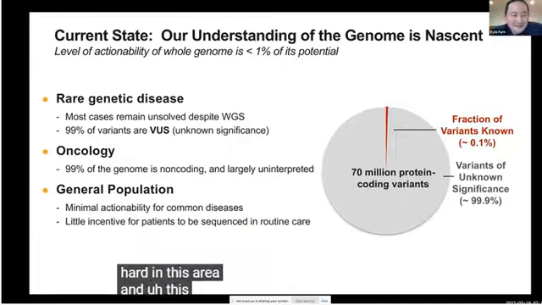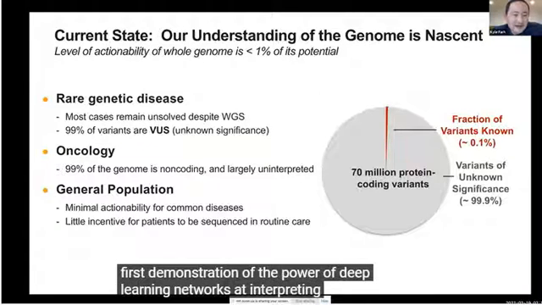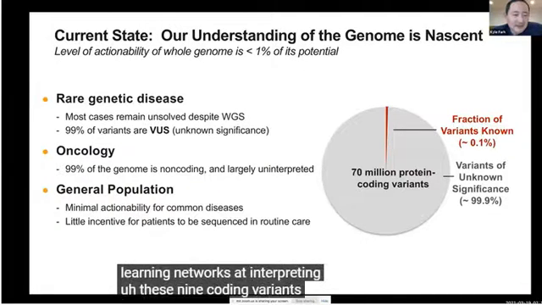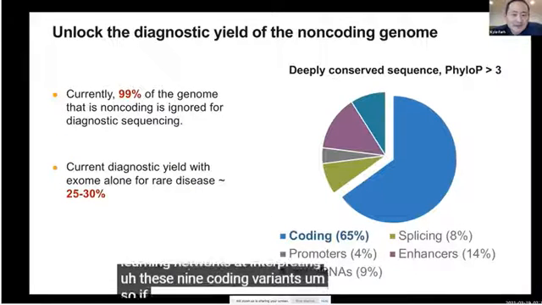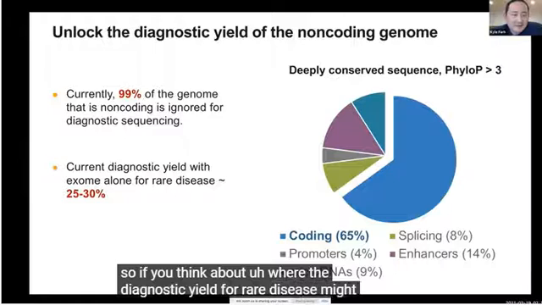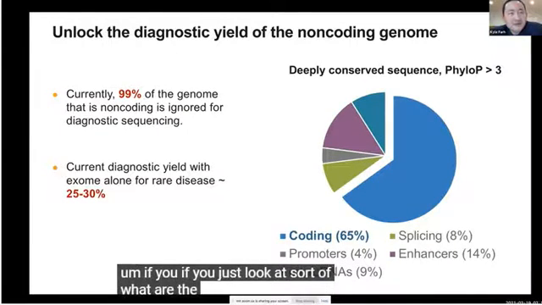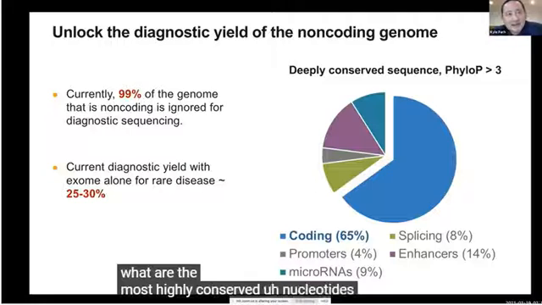And this is SpliceAI, our first demonstration of the power of deep learning networks at interpreting these non-coding variants. If you think about where the diagnostic yield for rare disease might be, look at the most highly conserved nucleotides in the genome.